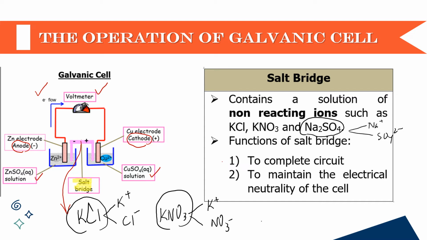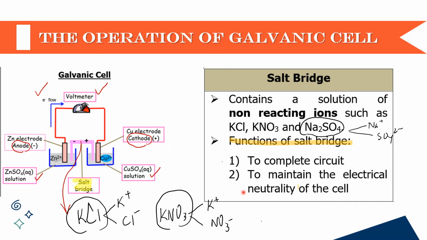What is the function of the salt bridge? We have two different functions of our salt bridge. The first one is to complete the circuit. Without the salt bridge, the circuit of our galvanic cell is not complete, and when a circuit is not complete, we cannot measure the electrical energy.